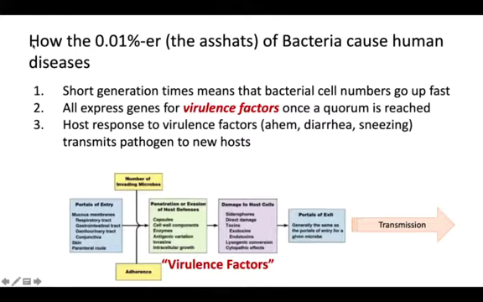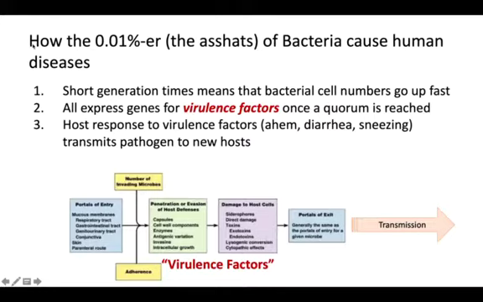Also, these bacteria will express genes for virulence factors. These are factors that may help them in infection, but will hinder or harm us during that time. And then finally, our response to the virulence factors will transmit that pathogen to new hosts.